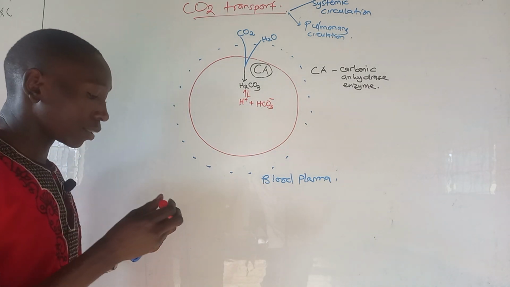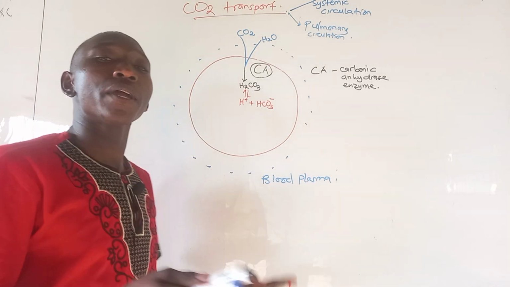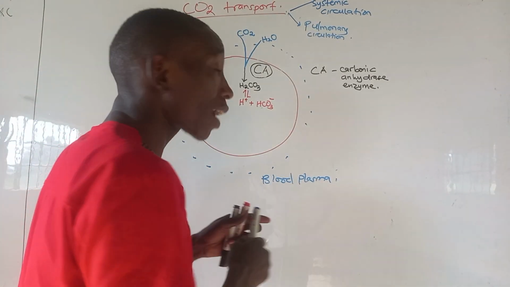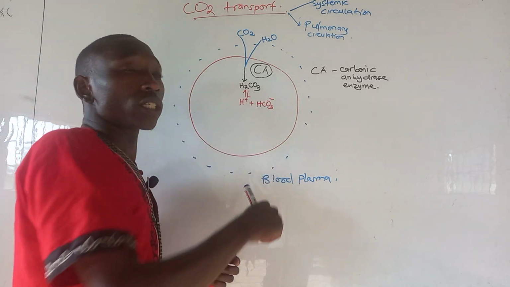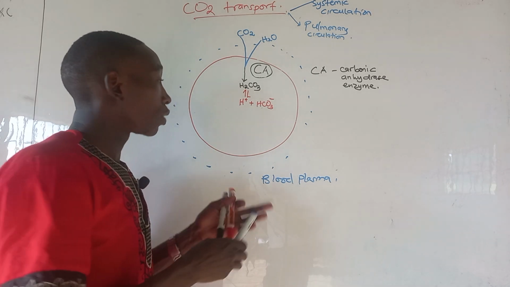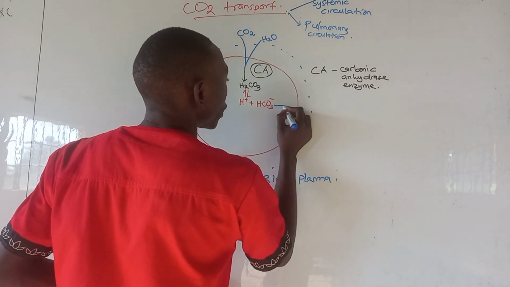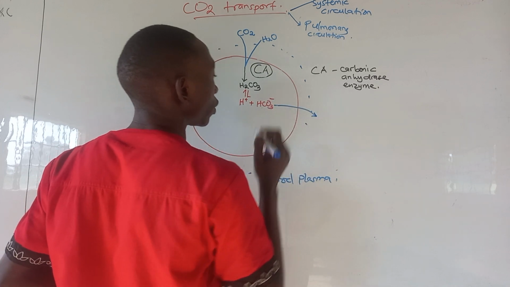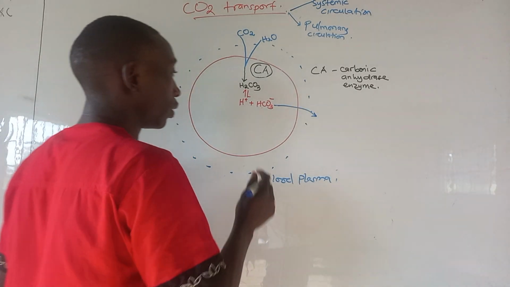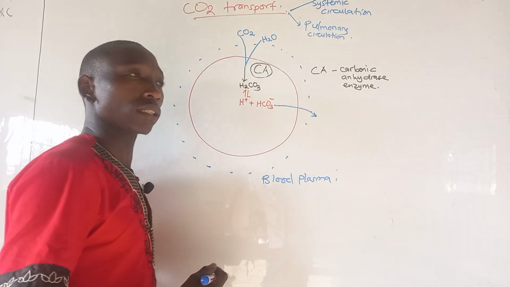So the cell membrane of the red blood cell is permeable to the bicarbonate ions. Therefore, these bicarbonate ions diffuse out of the red blood cell into the blood plasma, along a concentration gradient.